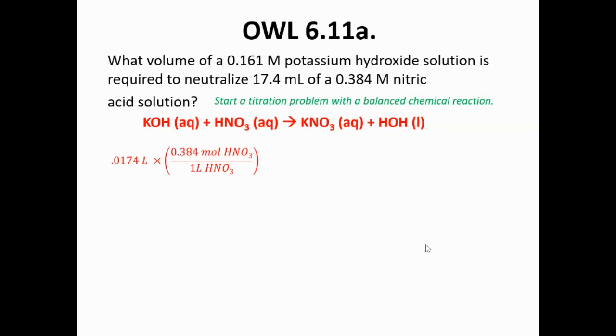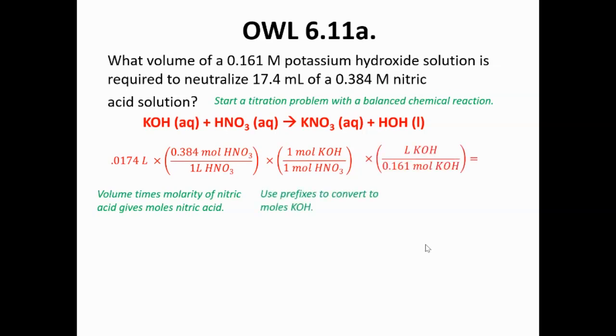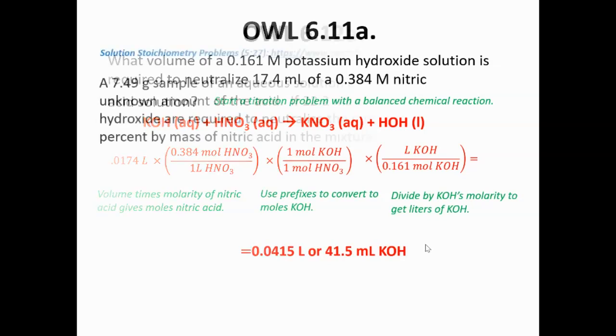We set up the stoichiometry. We have the volume and the molarity of the one reactant. We multiply those together. Then we multiply it by the coefficient ratio to get the moles of the other reactant. And then we divide it by the volume that it took to get to the endpoint. And that's going to give us the molarity of the reactant.